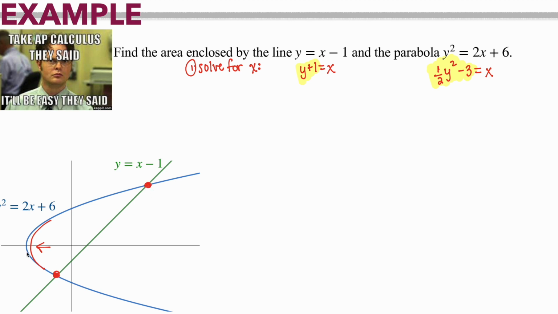This intersection's fine, but the problem is when you use the x value of where they cross here, you are leaving out an entire area that's unaccounted for. If you went from this x value to this x value, you're only finding the shaded region of this, and you're missing basically the nose tip.